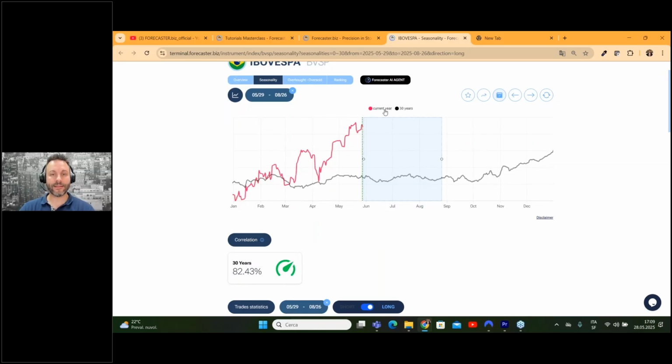So at the moment, the current year, the actual price for the Bovespa index, is 82% correlated with the 30-year seasonality. It means that this index today, the current year, is moving like it did on average in the last 30 years. Okay? It's something very simple.